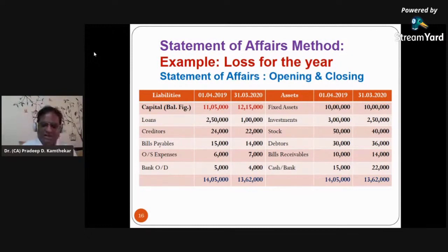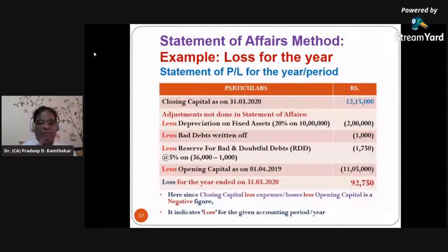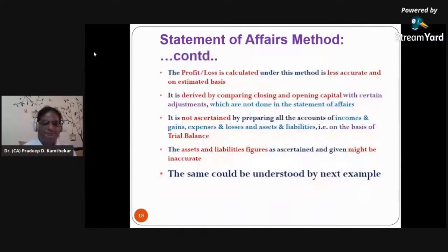Now when we compare these two in the next statement, you will come to know closing capital 12,15,000, same amount of depreciation 2 lakhs subtracted, bad debts 1,000 subtracted, RBD 1750 subtracted, opening capital 11,05,000 subtracted, and unfortunately here you can see the difference is negative 92,750. It indicates the loss made by that small businessman in that particular year or period.